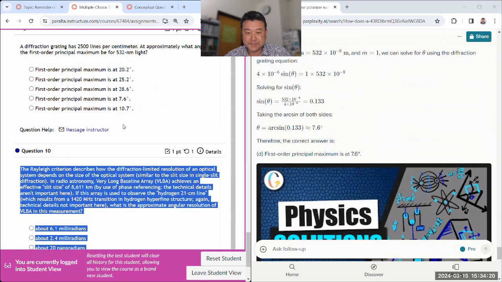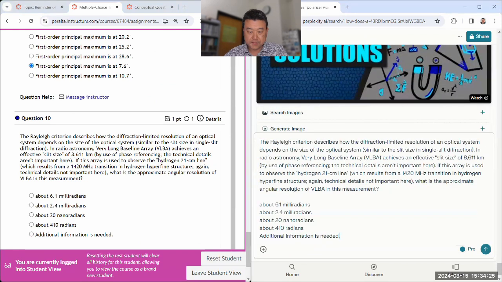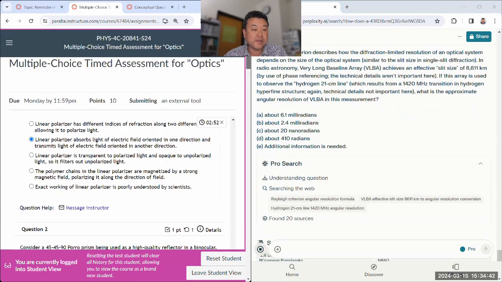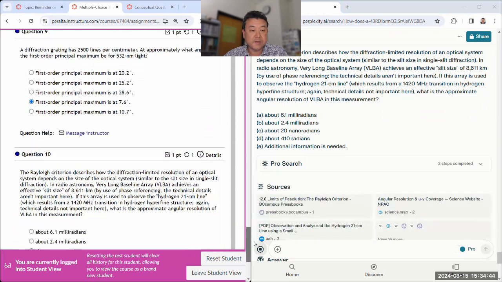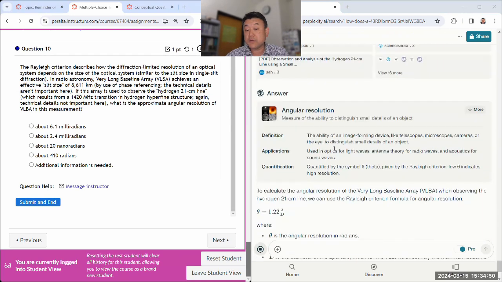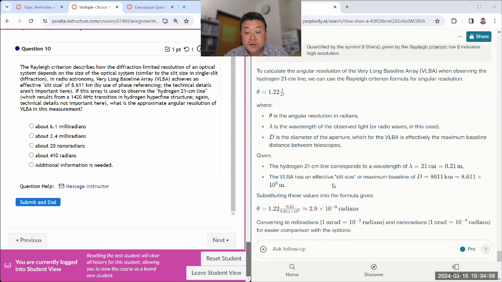What's the answer? 7.6. Oh yeah, that's the setup I was describing earlier with the conceptual questions, how you can get an Earth-sized baseline that will give you very high resolving power without necessarily giving you a large amount of intensity, because you don't have an actual Earth-sized detector.